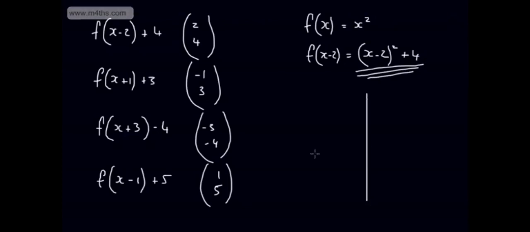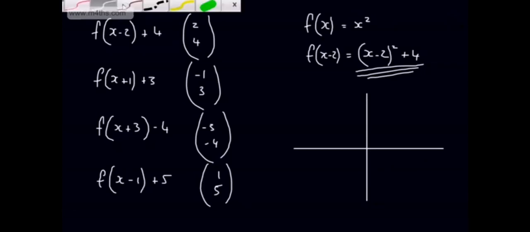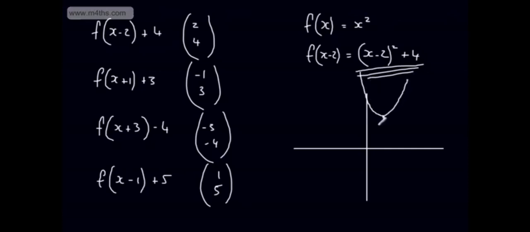So this tells me that the minimum point now is at 2, 4. All we've got here now is this point. So this is 2, 4, and we've got now the parabola. The minimum point here is going to be 2, 4, and we can see that that is a translation of 2, 4. I've moved from 0, 0 up to this point right here, and that's the completed square form.